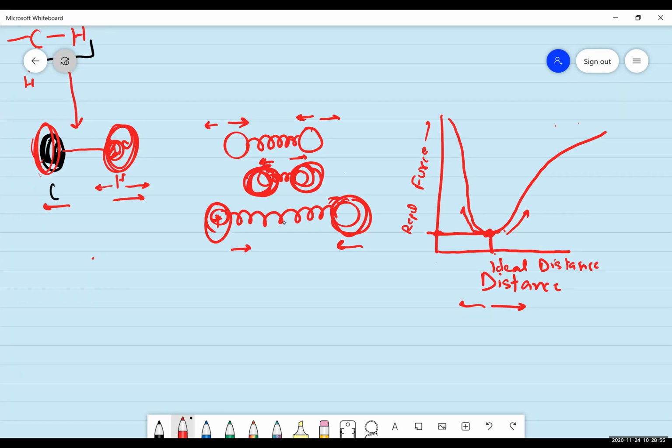Okay, so the molecule wants to stay at this level, right? This is the optimum distance. If the bond is stretched, the distance is here, and then the energy level is here.